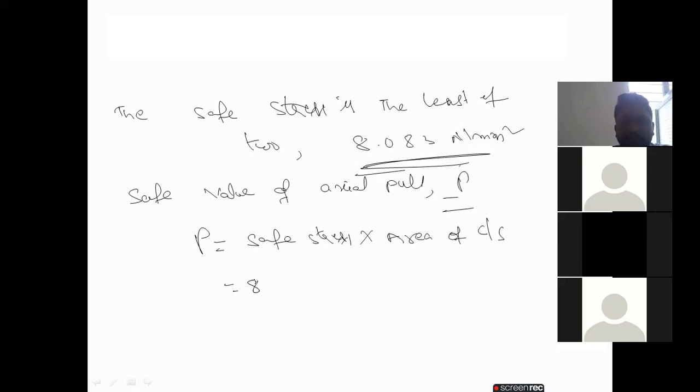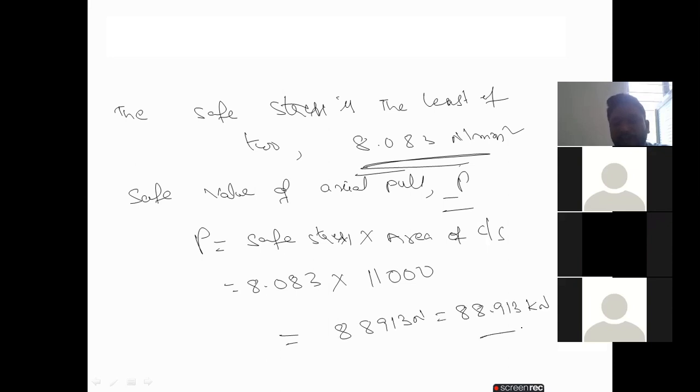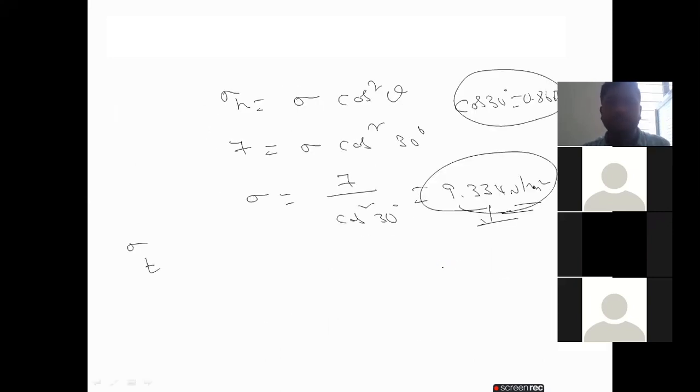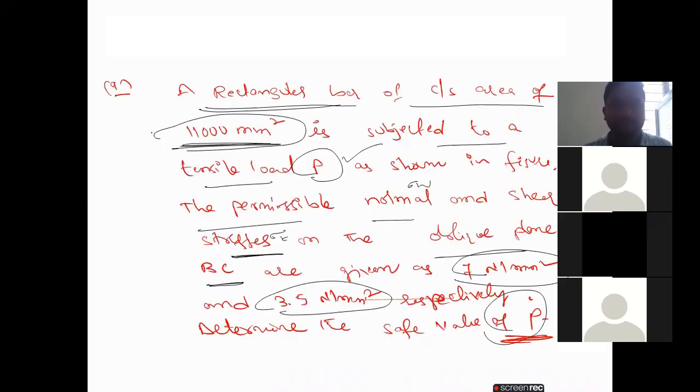Safe stress we got 8.083 and area is 11,000. So finally we got 88913 Newton. If you convert into kilonewtons, that is 88.913 kilonewtons. So this is the answer. Anyway, I will explain briefly within 1 minute. Please wait for 1 second.